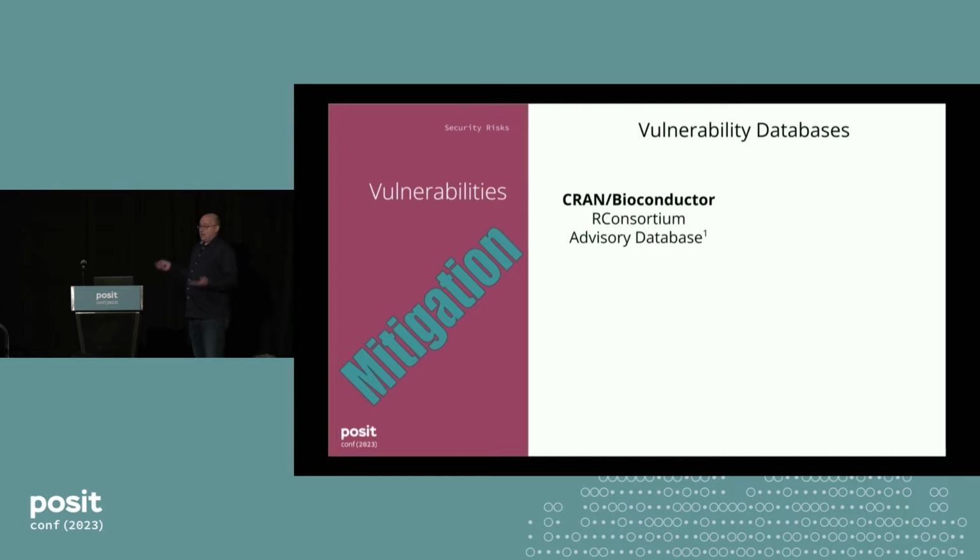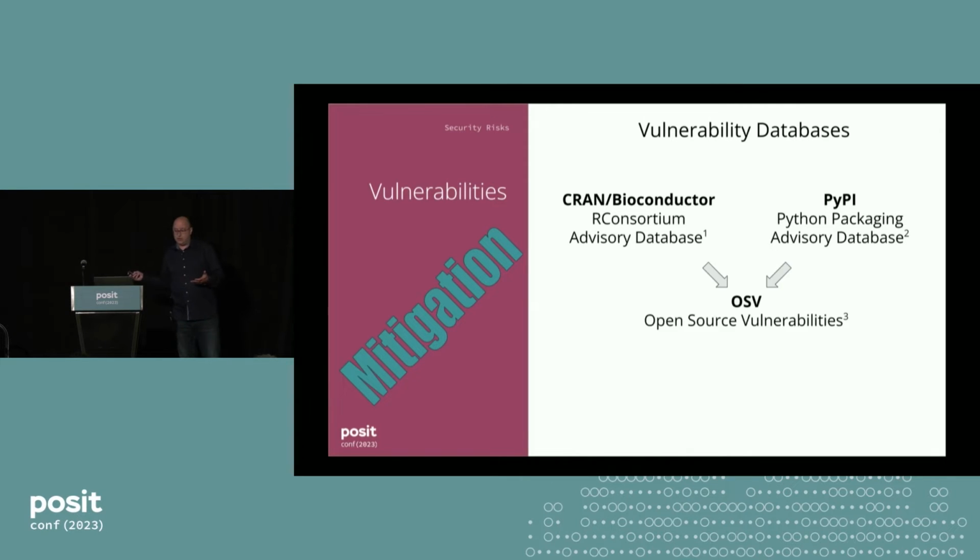It's patterned very closely after the much larger Python packaging advisory database that PyPI has, maintained by the Python Packaging Advisory Group. Both of those feed into the Open Source Vulnerabilities database, osv.dev, that Google started, which is a great place to go to find, for any data science package, at least in R and Python, a good place to start looking.